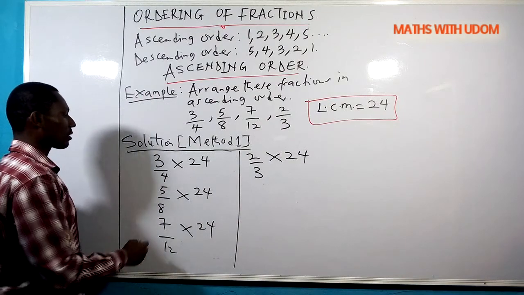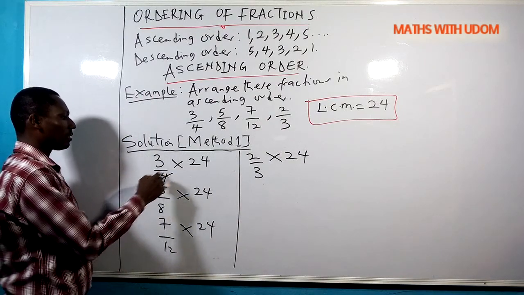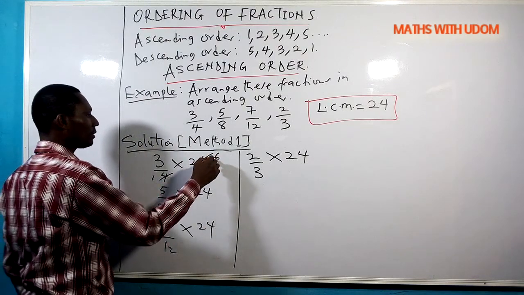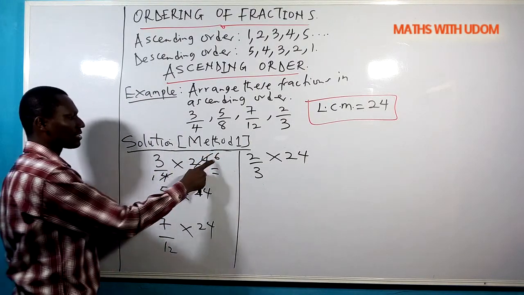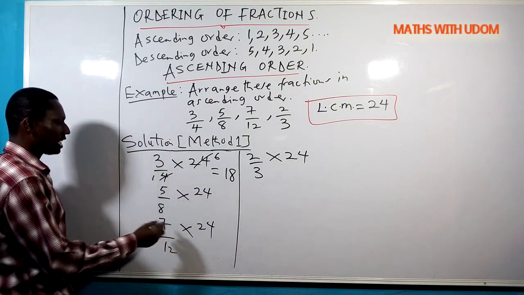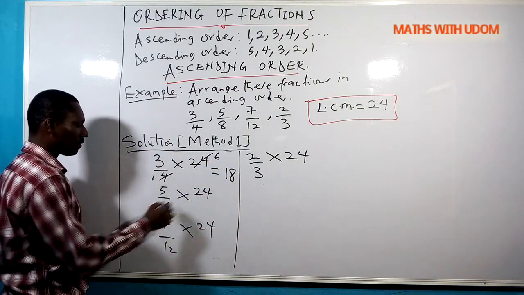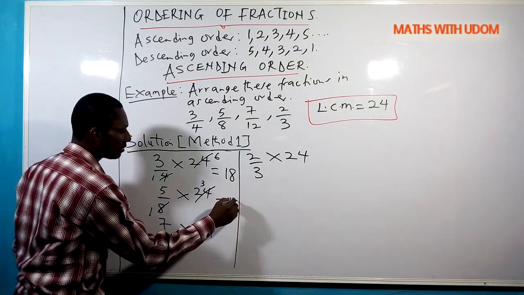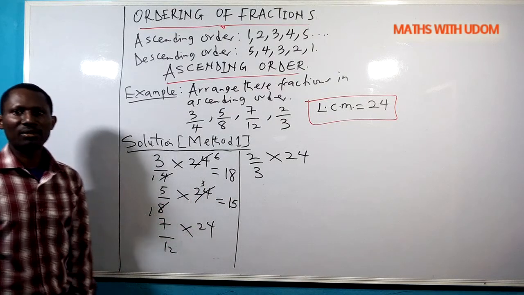Okay? So let's cut it. 4 here, 1. How many 4 can go in 24? We have 6. Okay? So 3 times 6 will give us what? 18. Is that clear? Now let's move to the second one. 8 here, 1. 8 in 24, 3. 5 times 3, we get what? We get 15. Okay?